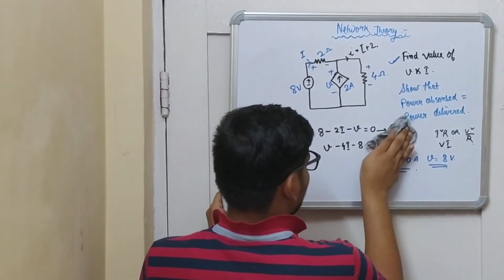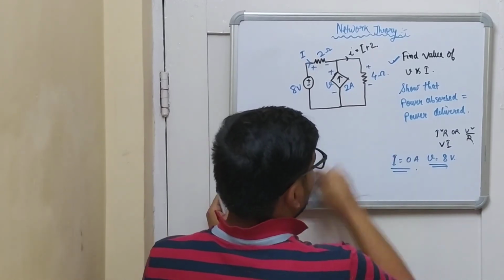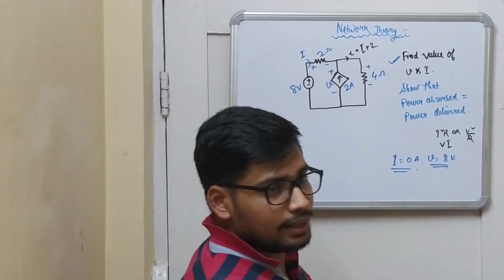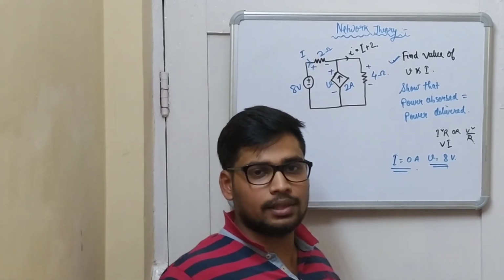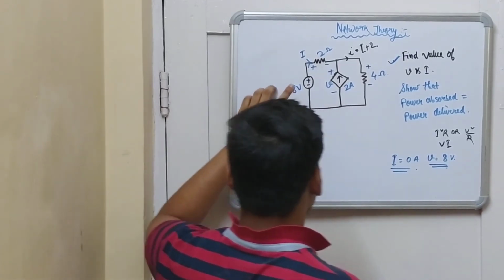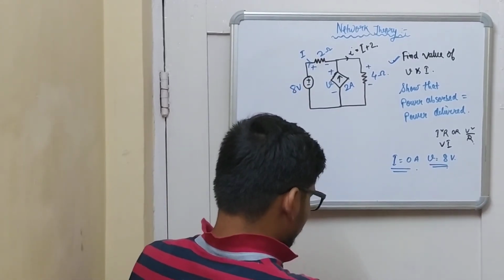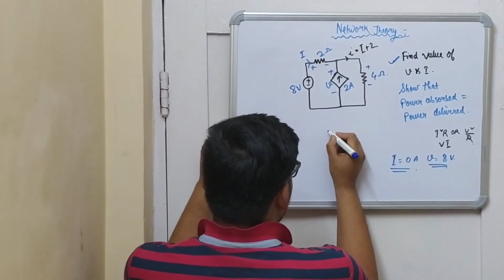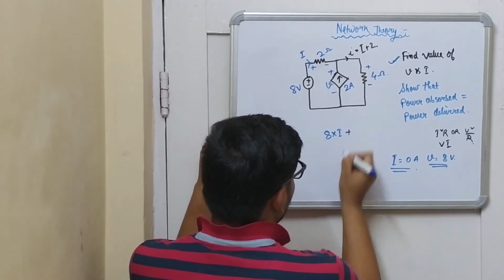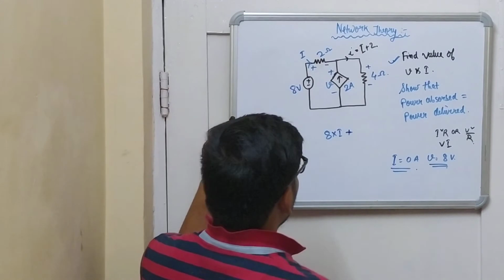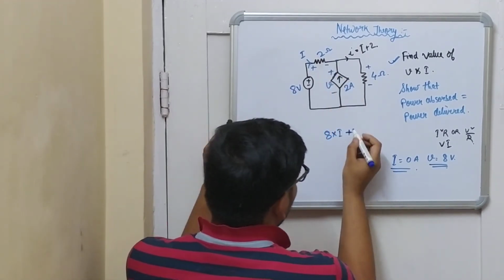First I will find power delivered. If current enters the negative terminal or leaves the positive terminal, the source is delivering power. So here it is delivering power, because current is entering the negative and leaving the positive.